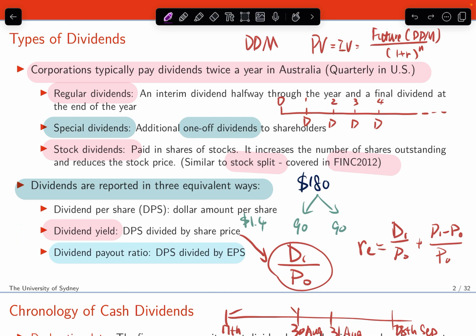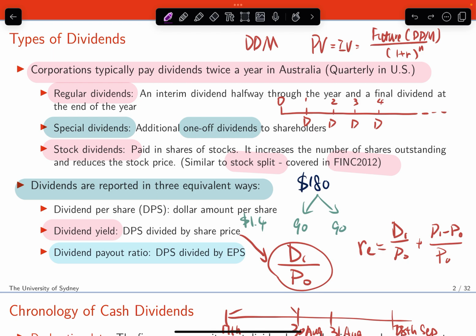First of all, dividend per share. This is where we take the total dividend payout and divide it by the shares outstanding, and then we get the dividend per share. Second is the dividend yield. We take the dividend per share and divide by the share price. Lastly, we have the dividend payout ratio.